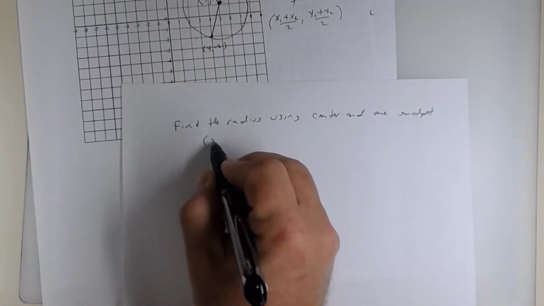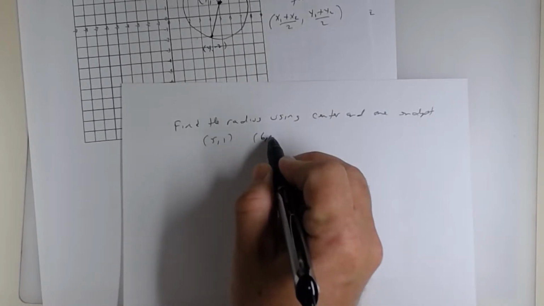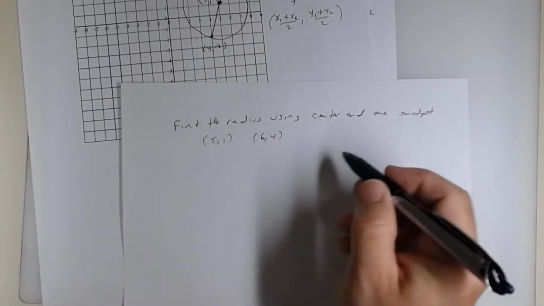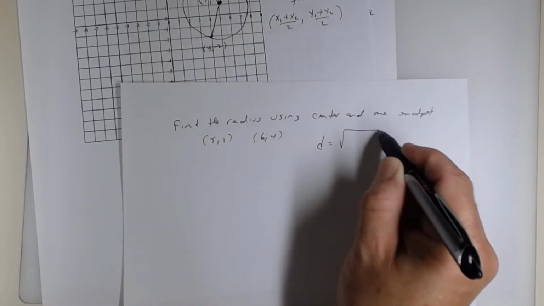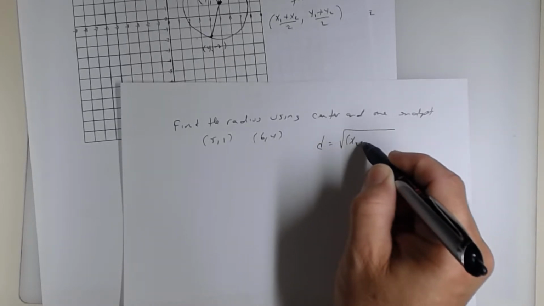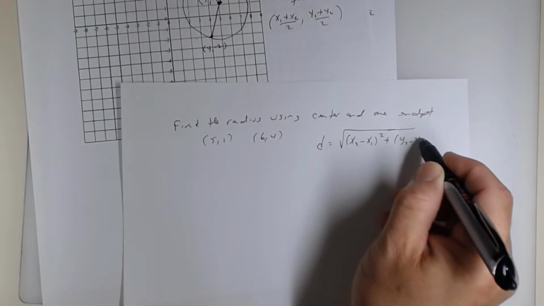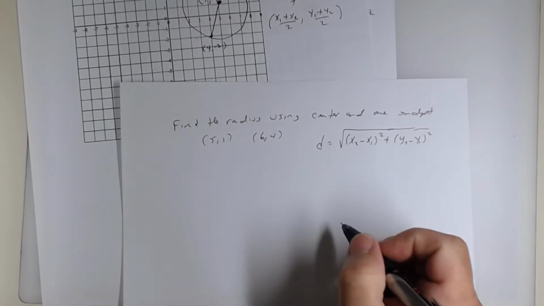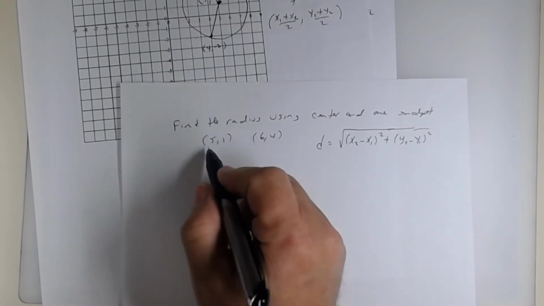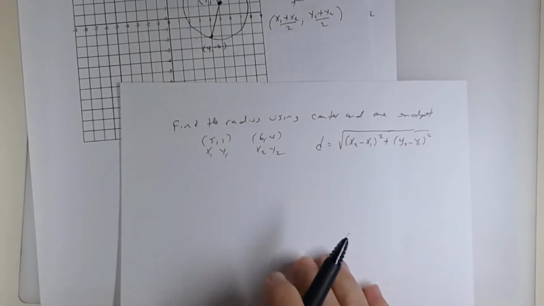So the center is 5, 1, the endpoint is 6, 4. So I'm going to use the distance formula, correct? The distance is the square root of, you subtract your x coordinates, square them, plus subtract the y coordinates, square them, and then take the square root when you add them up. So this is your x1, y1, x2, y2.